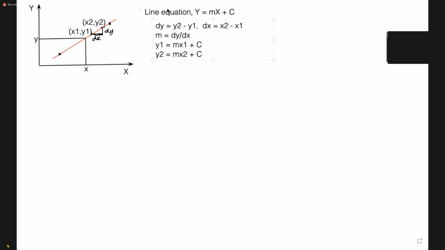Okay. Now, let's see how we are going to derive an algorithm to calculate these points. Assume that you are given 2 points.